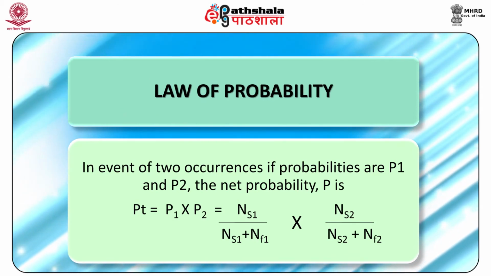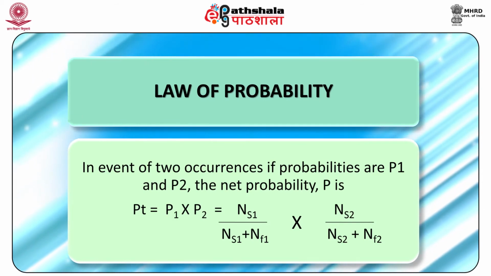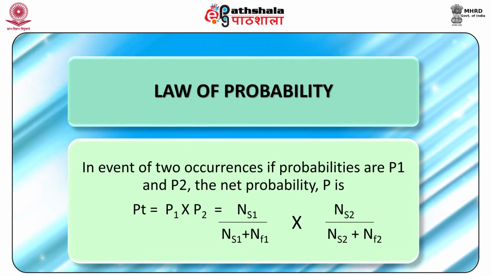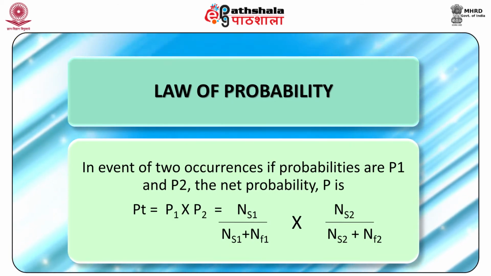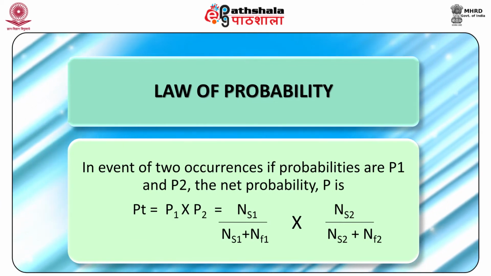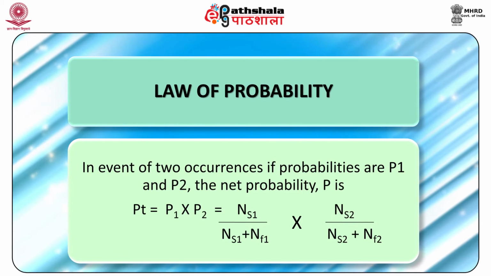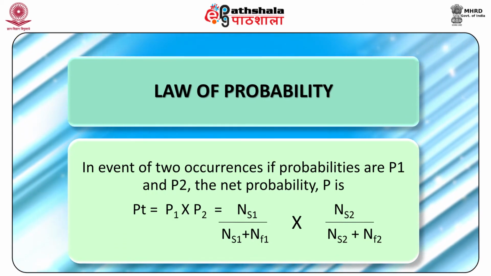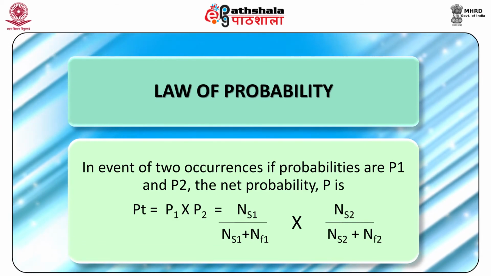If we denote probabilities of the first and second occurrences by attaching digits 1 and 2 to the relevant letters, the net probability, that is Pt, is given by the formula Pt is equal to P1 into P2, which is equal to Ns1 divided by Ns1 plus Nf1 into Ns2 divided by Ns2 plus Nf2.